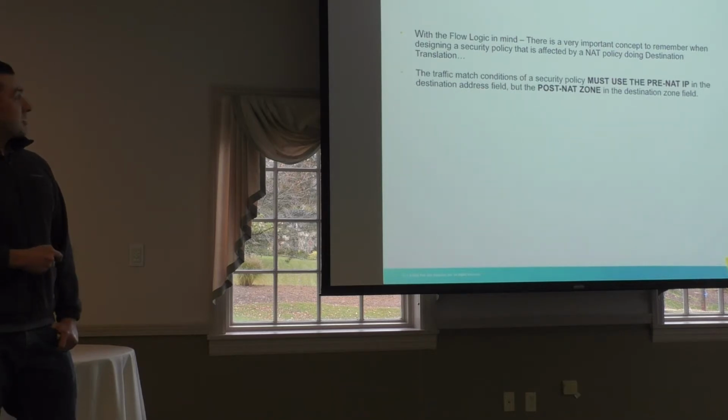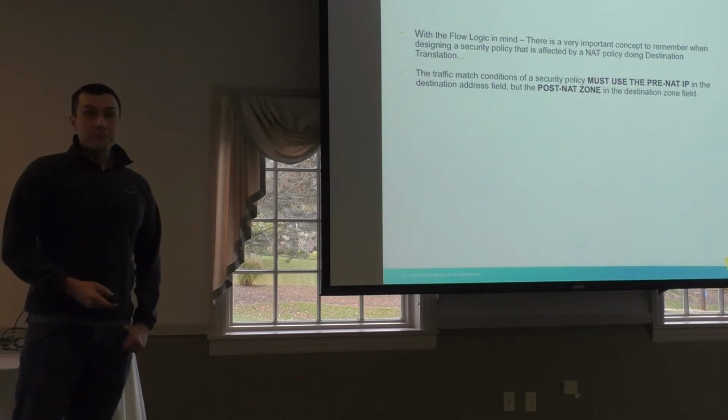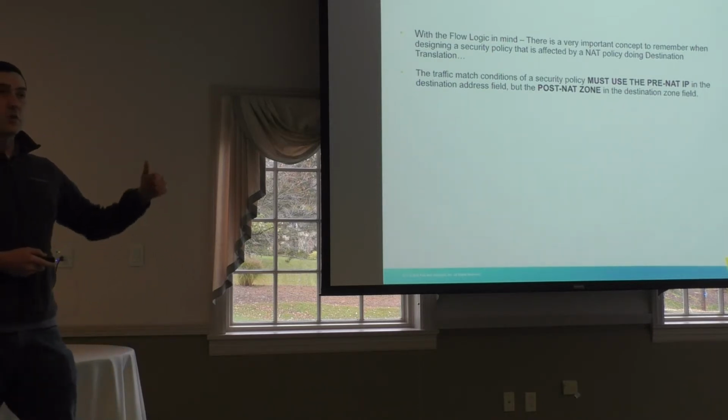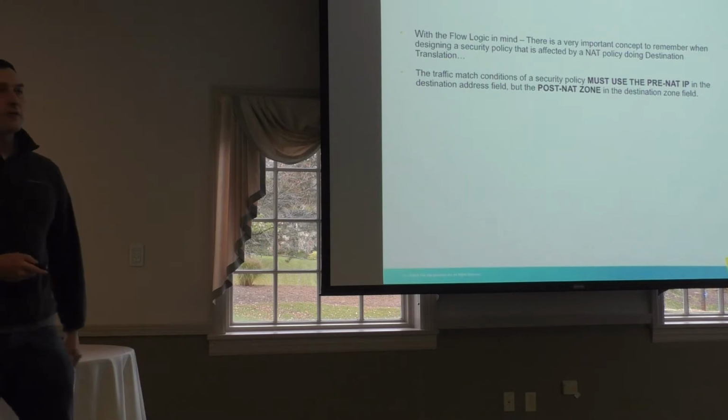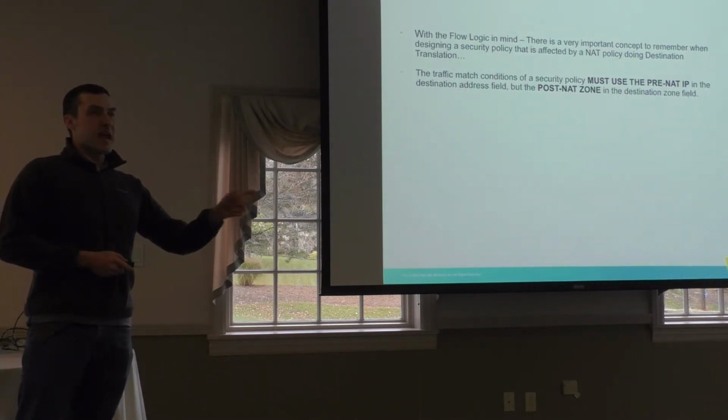The traffic match conditions must use the pre-NAT IP, meaning the public IP address, but they have to use the post-NAT zone. So if I have a security policy that is supposed to allow traffic to an internal system, you have to use the address of that system before it gets NATed in the destination field, but the zone has to be the internal zone.